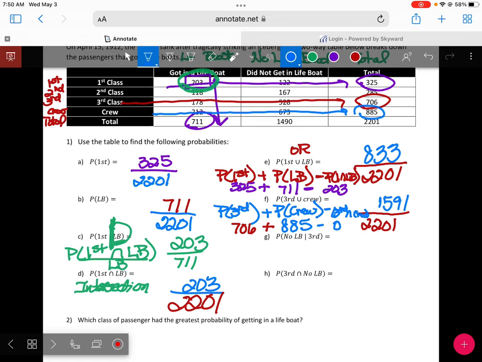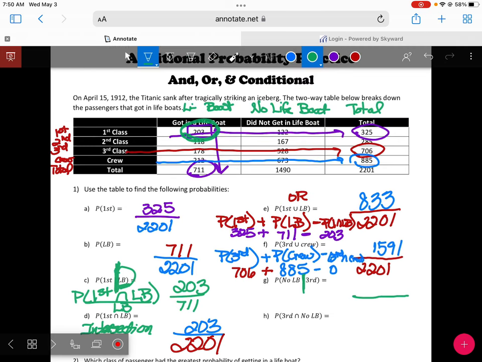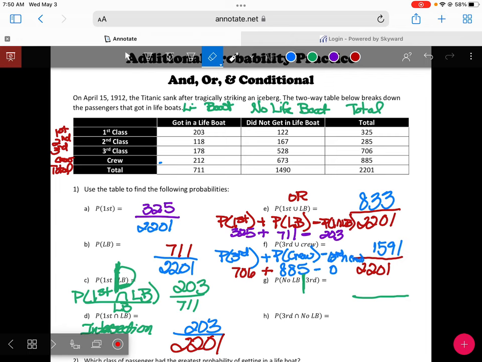Letter G. What's the probability that someone did not get on the lifeboat given that, oh, there's that given that vertical line, given that they were a third class passenger? What is my denominator here? 706. No, because there's that given that statement.